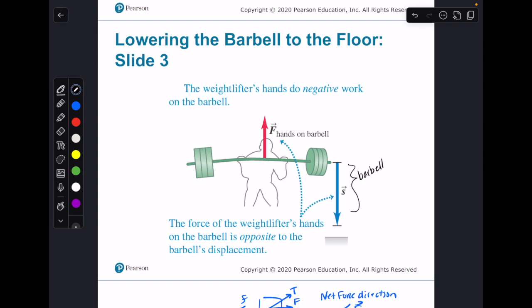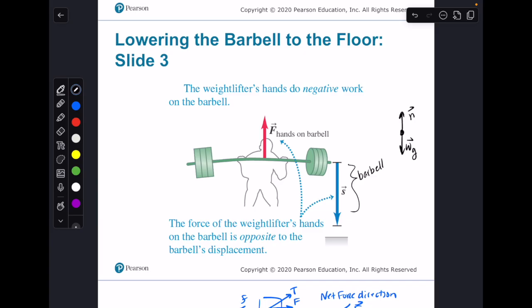And what are the forces acting on the barbell? Well, there's a couple. There's the force due to gravity, the barbell's weight times gravity. And then there's the normal force of the hands on the barbell, because there's contact between the hands and the barbell, so therefore there'll be a normal force.